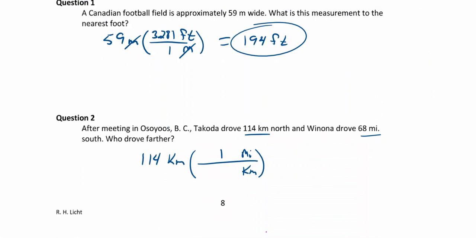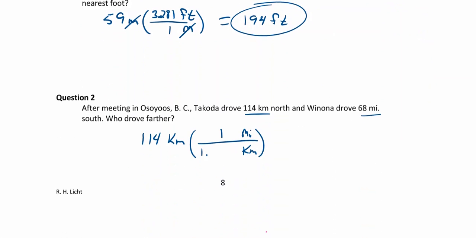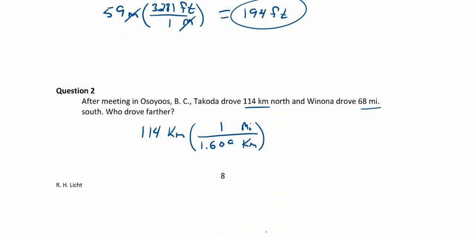So those will cancel, and really what I'm doing is just dividing. That would be 70.85. I don't even really need that, do I? 70.9, good enough. Miles.